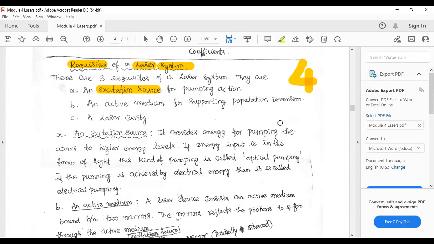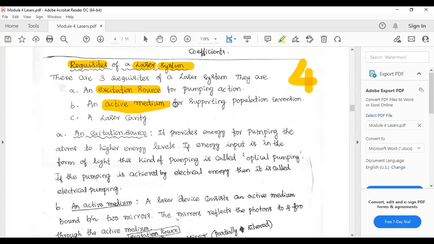The second material you require is the active medium. This is the material which absorbs the radiation and emits laser. For example, if we have a carbon dioxide laser, here carbon dioxide itself is the active medium.